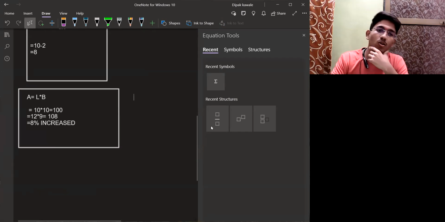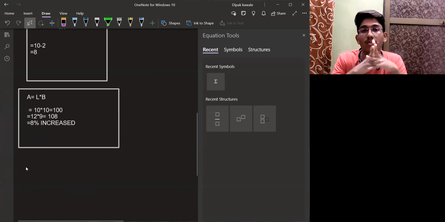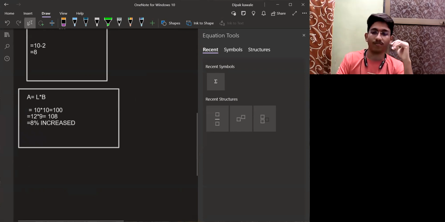Okay guys, but I am also not going to use this method in the exam. I will be using method number 4 because we want to solve problems within 5 to 10 seconds and also without touching the pen. Okay, so let's see that method.